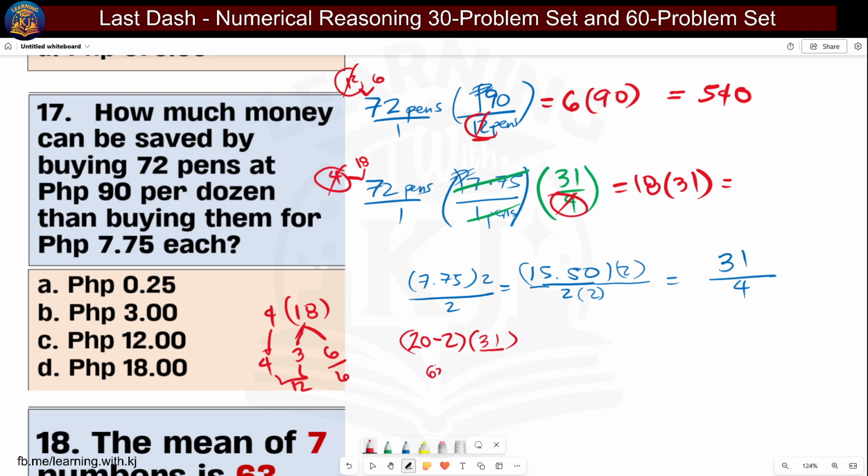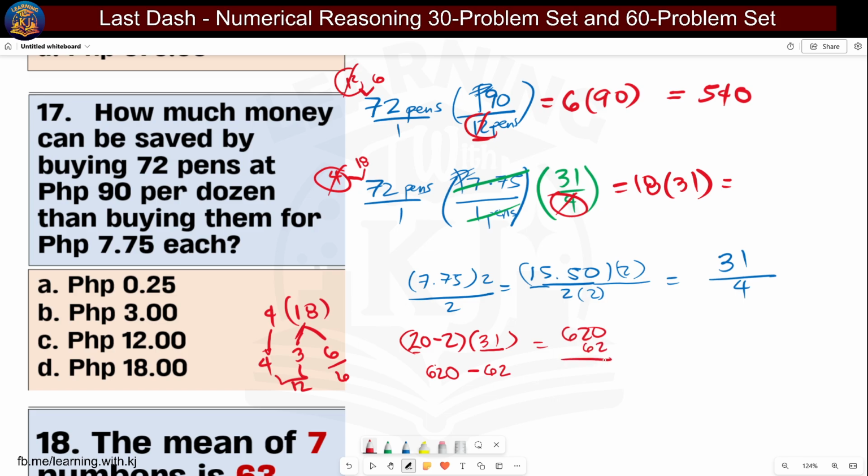That's just 31 times 2. Multiply it by 10, that's 620. And then we have negative 2 times 31, which is again 62. So, 620 minus 62.